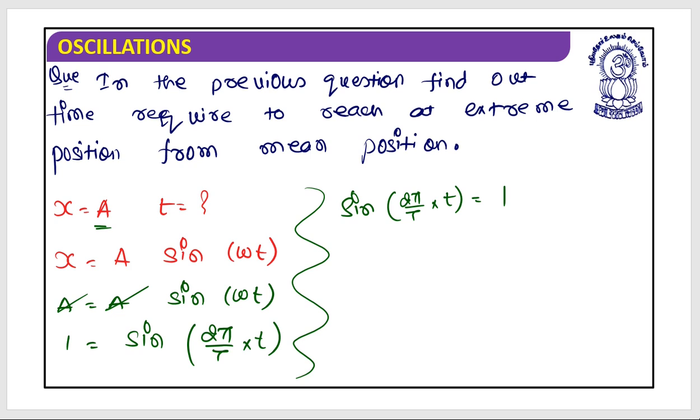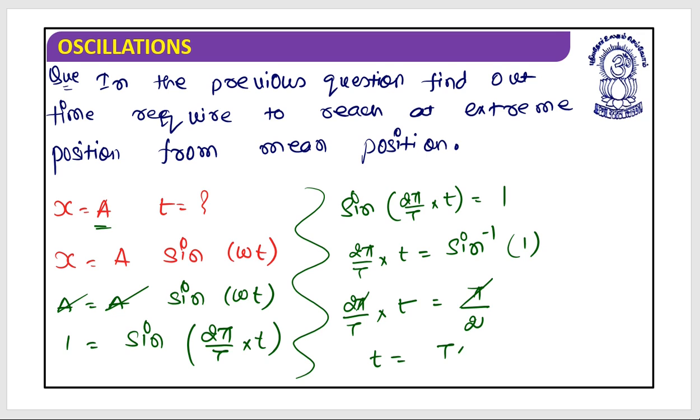So sine of 2 pi by T into t equals 1. From this, 2 pi by T into t equals sine inverse of 1, which is 90 degrees, which equals pi by 2. So 2 pi by T into t equals pi by 2, and this t could be given as T by 4. This time is T by 4. I hope this is clear.